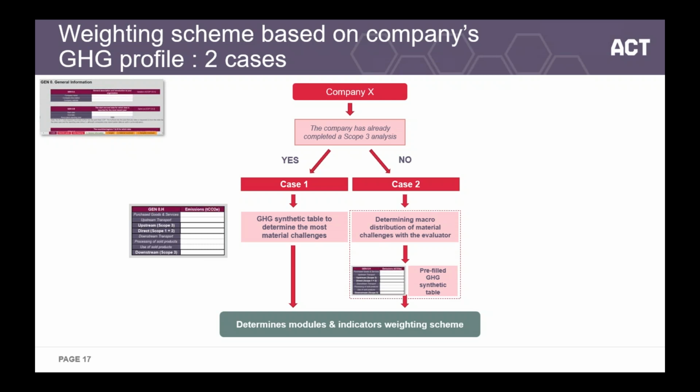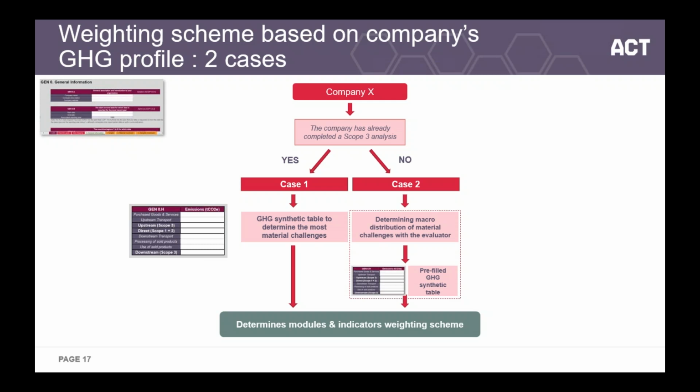This question was about the second case, where there is no already determined GHG profile for a company, where there's no full scope 3 assessment done. Indeed, if the answer is no to does the company have a complete scope 3 analysis, then it says you determine the distribution of material challenges with the evaluator. And I think it was said that there's a discussion happening, but maybe that is different. Maybe that discussion happens when the company is applying the methodology.